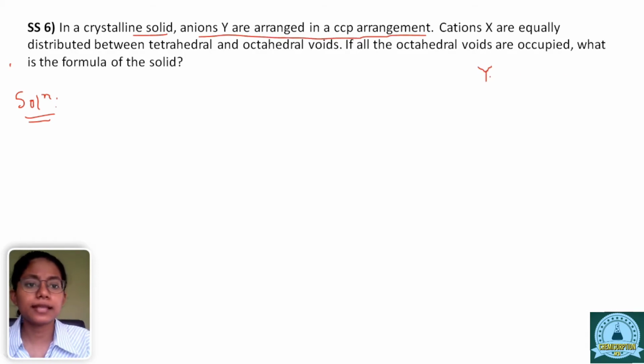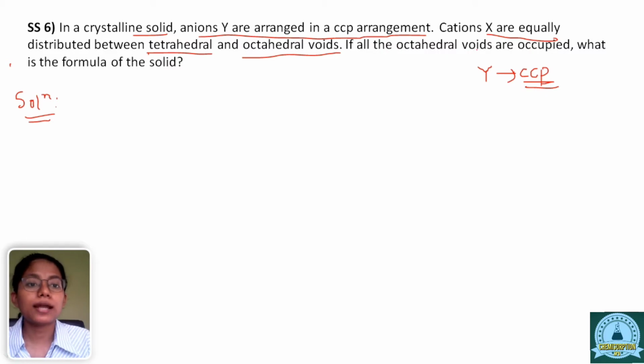So here it is saying that Y is arranged as an FCC lattice or CCP lattice. Then cations X are equally distributed between tetrahedral and octahedral voids.